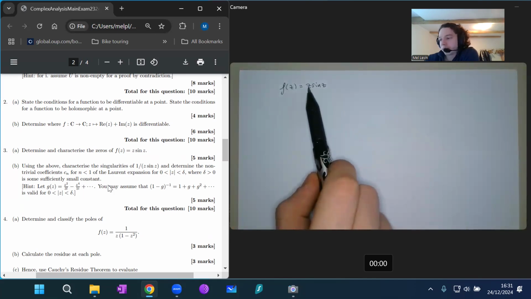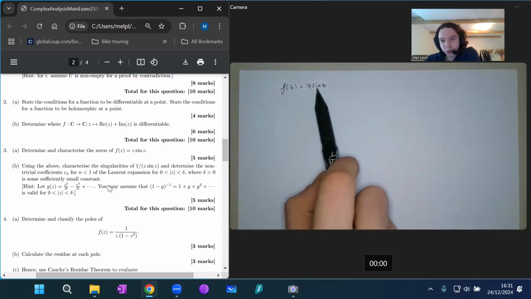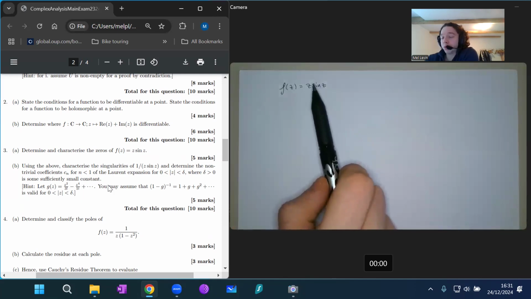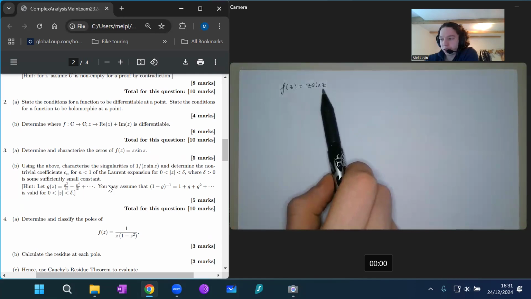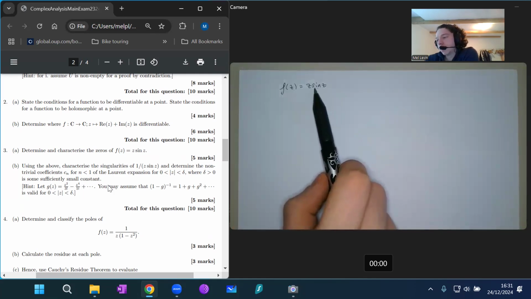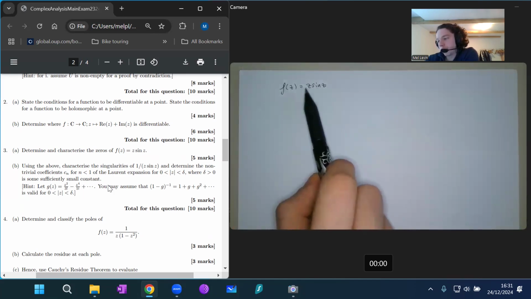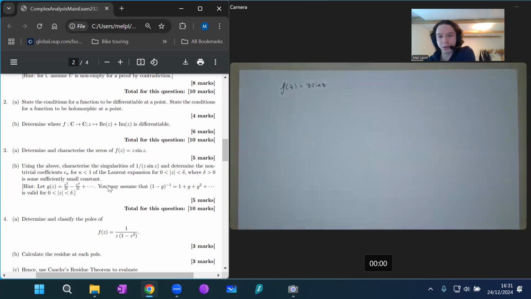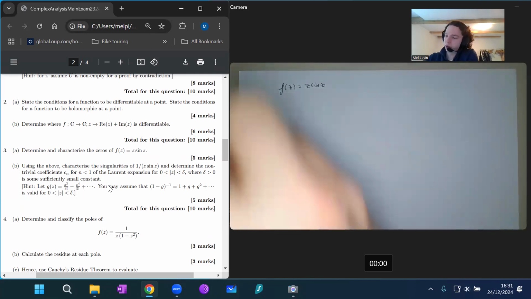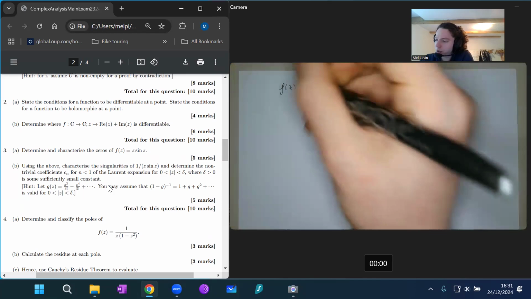So a zero of order 1 times a zero of order 1 should give you a zero of order 2 at z equals 0. For the other multiples of pi, pi, 2 pi, etc., we get a zero of order 1 here and we don't get a zero here, so that should give us a zero of order 1. But we can just do the derivatives and check.